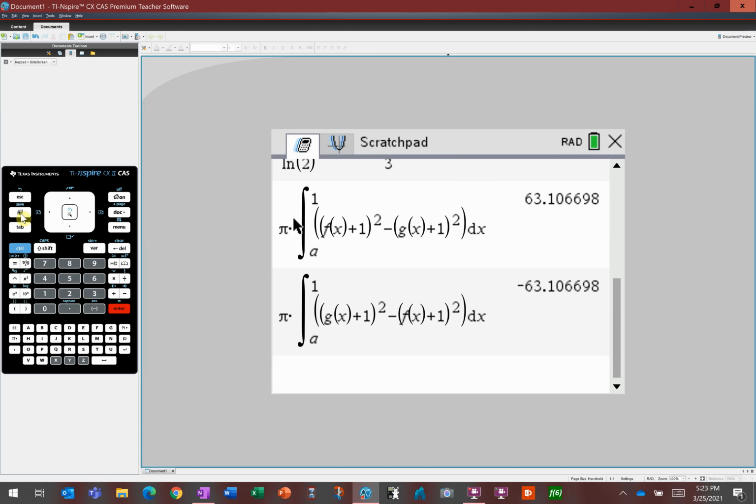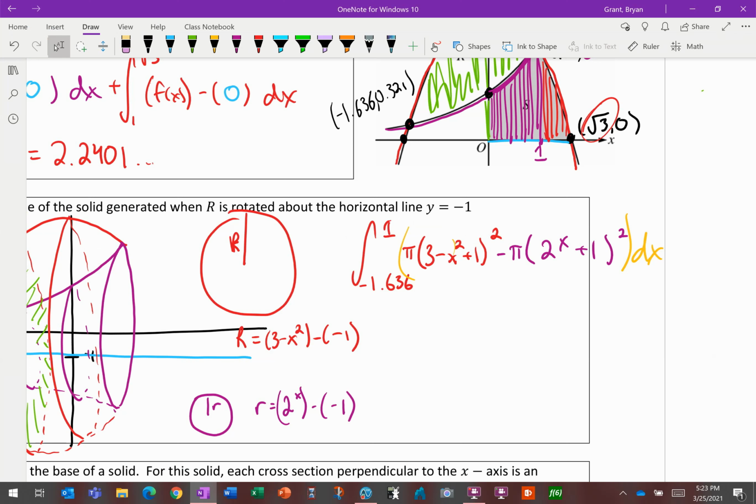So if you don't get a positive, you probably just switched the order there. And so just try switching the order, see if you get the same answer. If it's positive, you probably did everything right. You would lose points for writing it like this, but it's easy enough. Just cross off the g, cross off the f, change them, and you'd be just fine. So either way, we end up with 63.1066, whatever you wanted to do there.